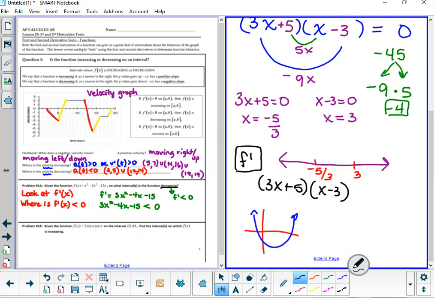But we can verify: if I choose a number in this region of the number line, a number that's smaller than negative 5/3, maybe like a negative 10, something super small, it would make that factor negative, would make that factor negative, would make the whole function positive. This f prime function is positive for x's less than negative 5/3.